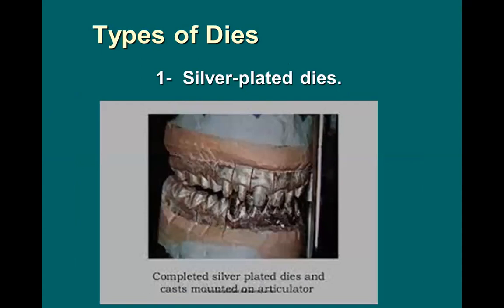They are produced by putting the impression in an electrical cell with a silver solution, and this electrolyte cell will precipitate the silver material on the cast to make a full cover on the cast.